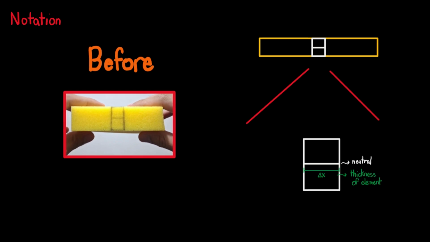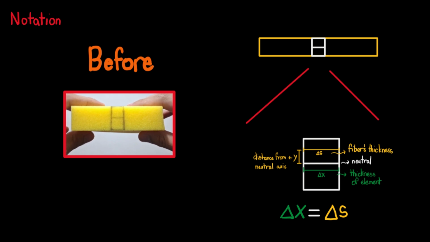Let's also label the distance of the fiber from the neutral axis as y, and the initial length of that fiber as delta s. Before bending, you can see that delta x is equal to delta s because nothing has happened yet, and the fibers above and below the neutral axis have the same length.